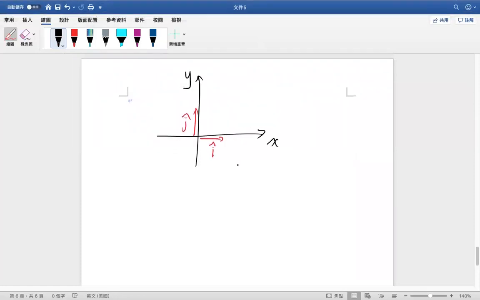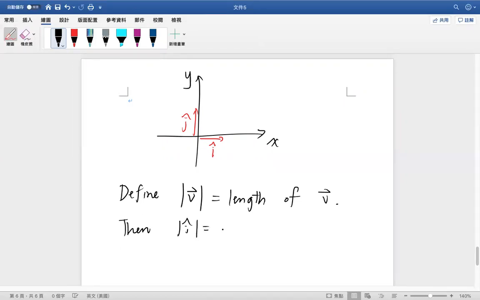So here let me define this notation to be the length of v. Then the length of i is the same as the length of j, which is 1. Is it okay here?